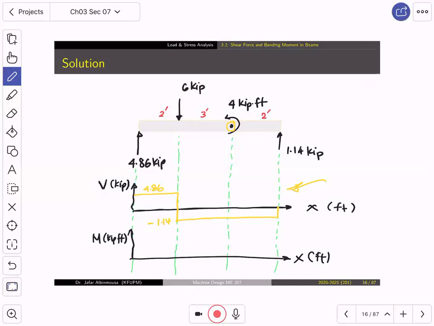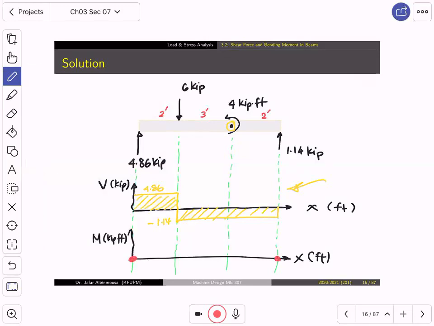Okay. Now let's move on to the moment. The moment is the area under the shear force diagram. So just to tell you, this is our area over here. Now in red, let's draw the bending moment diagram. We will start with zero and end with zero.